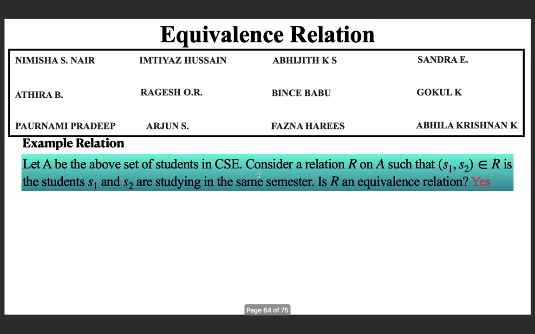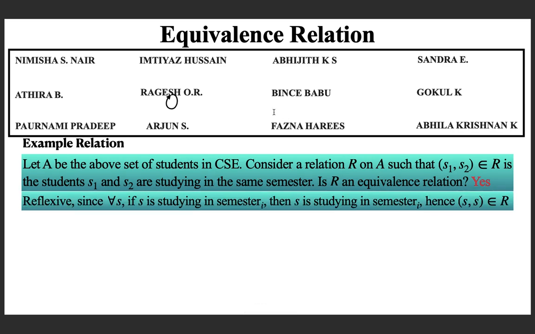The answer is yes. You can prove that it is reflexive, because if you look at any student, that student is studying in a class. For example, Rajesh Awar is in the 7th semester, S7. Rajesh Awar is related to Rajesh Awar because both are the same student, and so they must be in the same class. Rajesh Awar is in the same class as that of Rajesh Awar is trivially true. So it is reflexive.